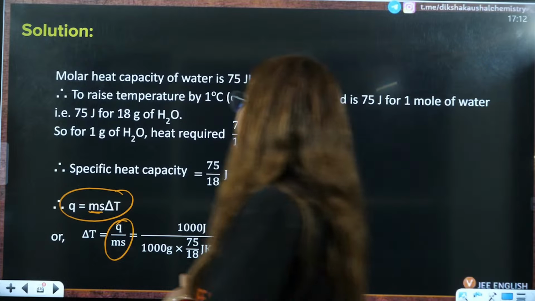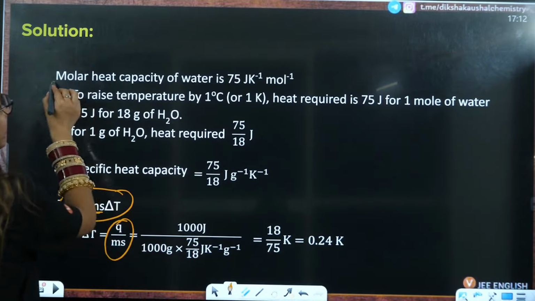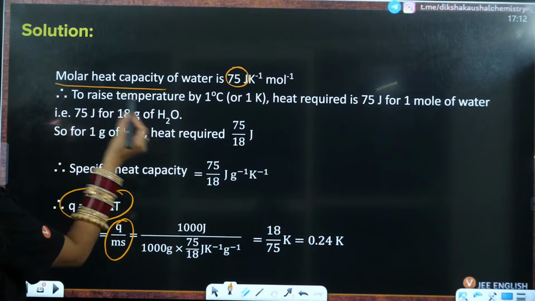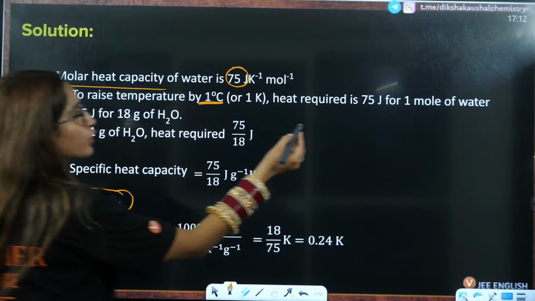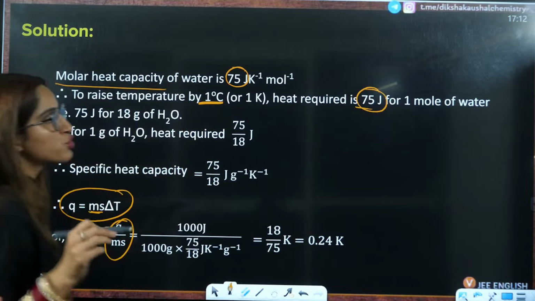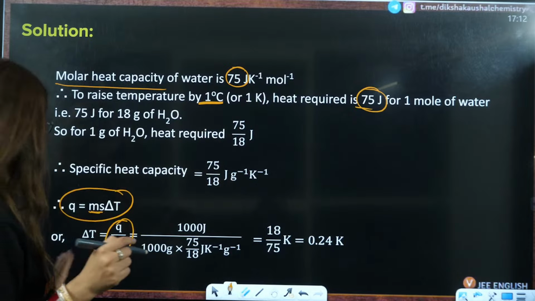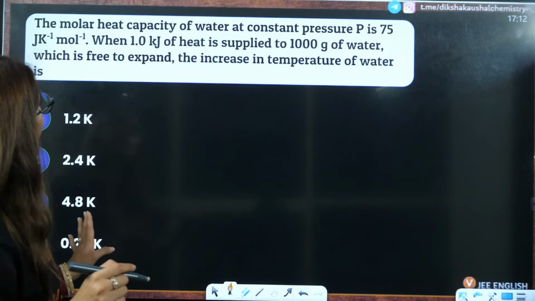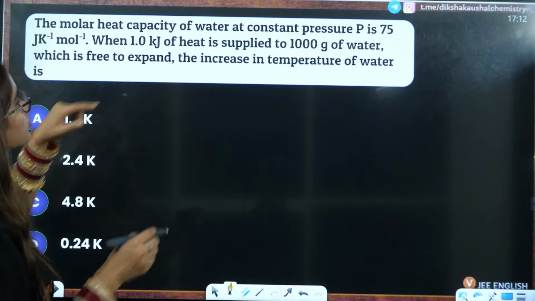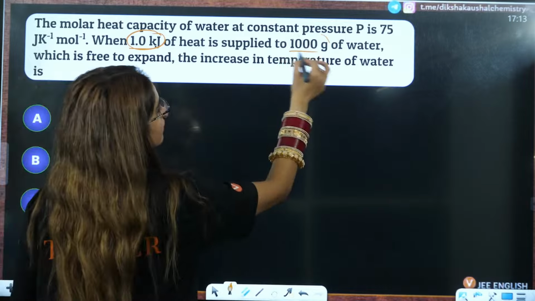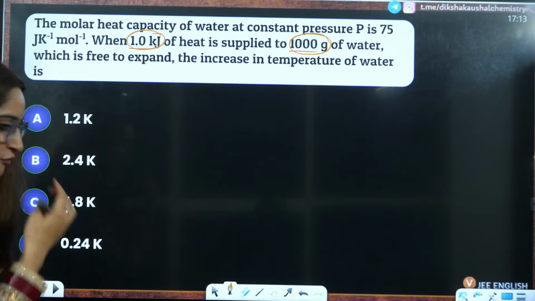Now ma'am, molar heat capacity is given to be 75, right? So to raise 1 degree temperature, you require 75 joules for 1 mole of water. But here what they are saying is, when this kilojoule of heat is supplied to this amount of water that you have, right?